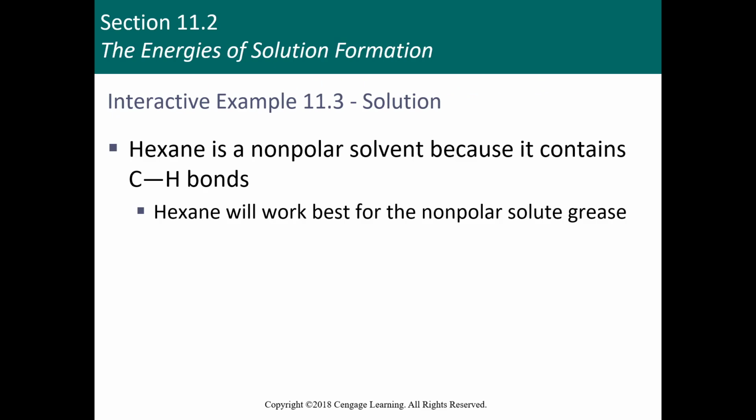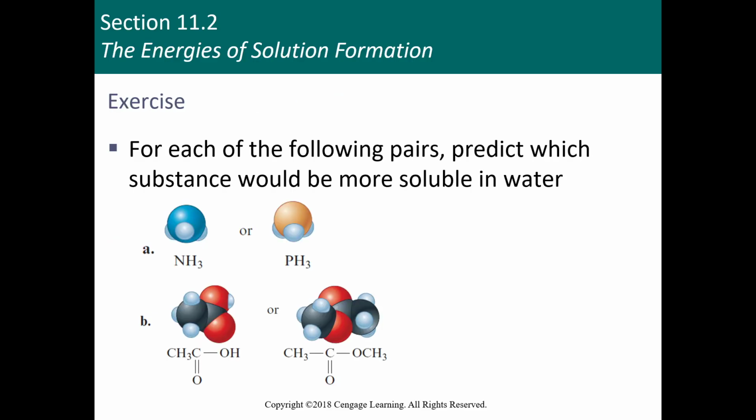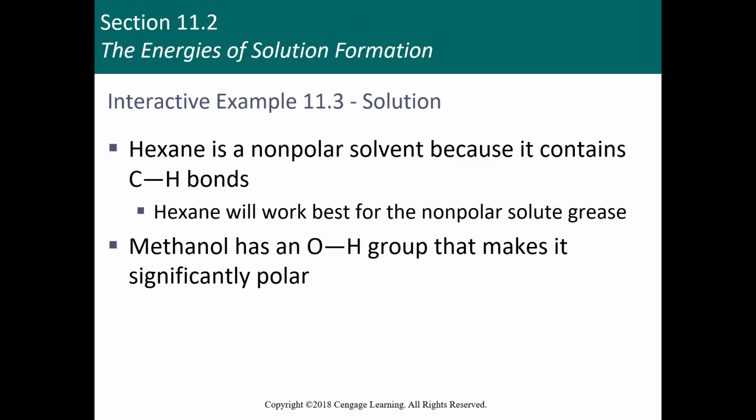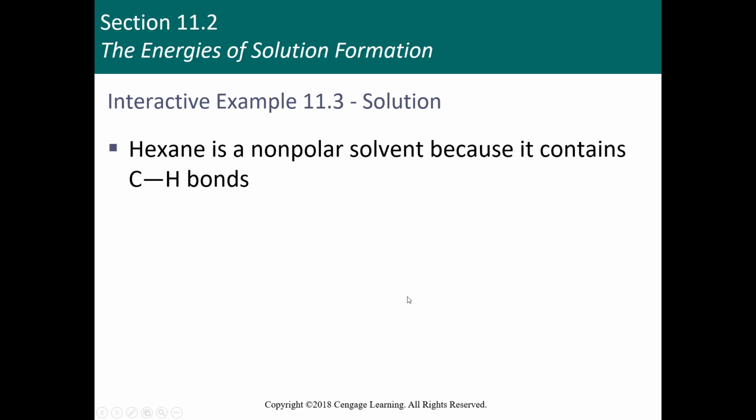But again, this is polar versus nonpolar. The nonpolar substances will dissolve one into the other, and the polar substances will dissolve one into the other. So yes, methanol dissolves KI, hexane dissolves grease. The others don't work.